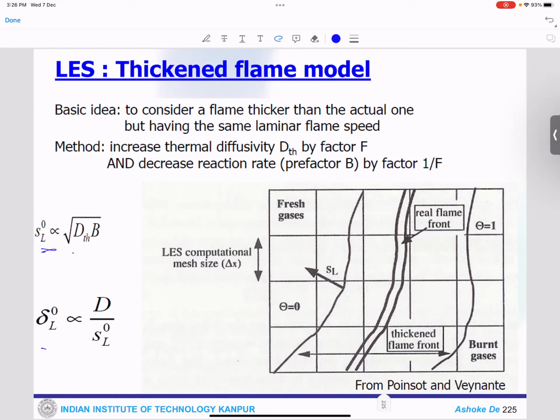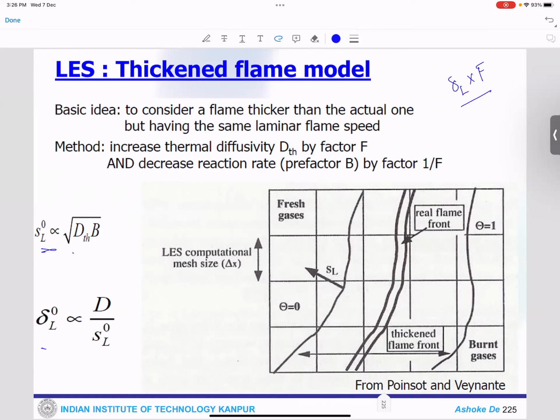So that's the idea. Whatever my flame front thickness is, for example delta L, I will multiply it by a factor called A. Now the point here is, can I artificially thicken the flame front just to capture it computationally, arbitrarily?